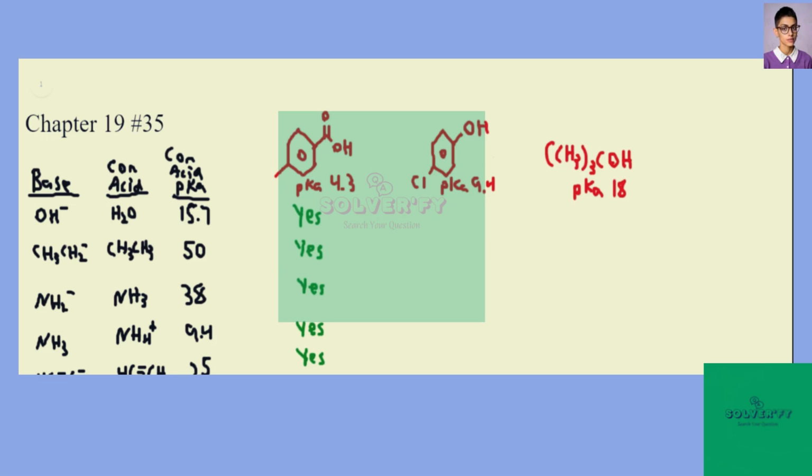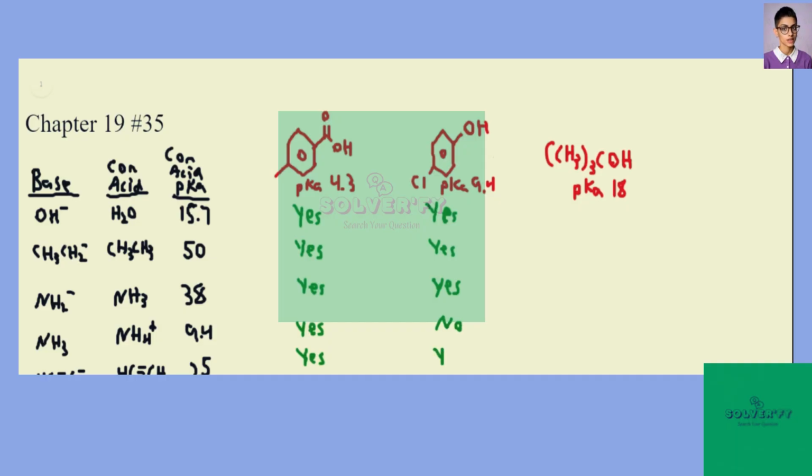So for the second molecule, it's going to be 4 yeses and a no. So 15.7 is higher than 9.4, 50 is higher than 9.4, so is 38. However, 9.4 is equal to 9.4, and so no deprotonation is going to occur there.